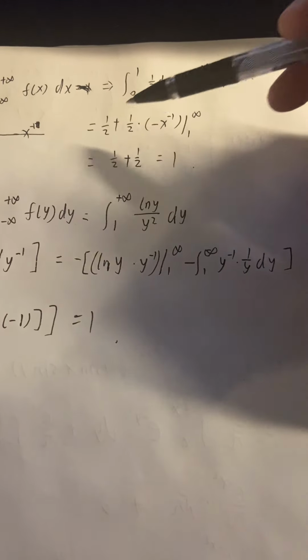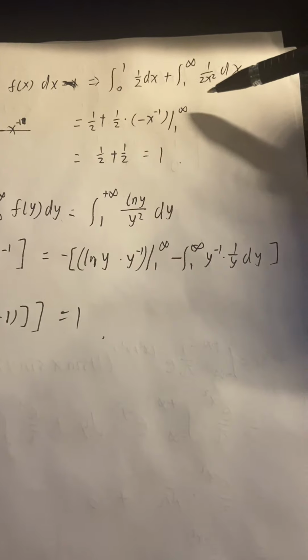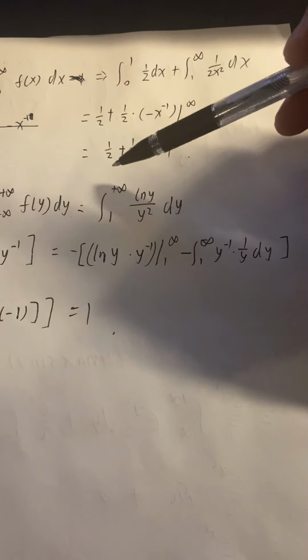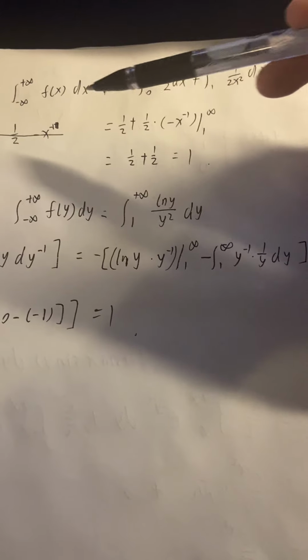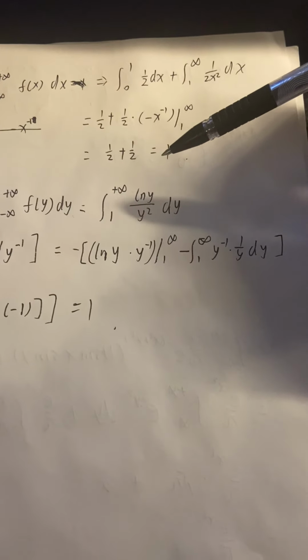And the first term will be 1/2, and the second term will be 1/2. So the integral of f x dx is 1, so it is a valid density function.